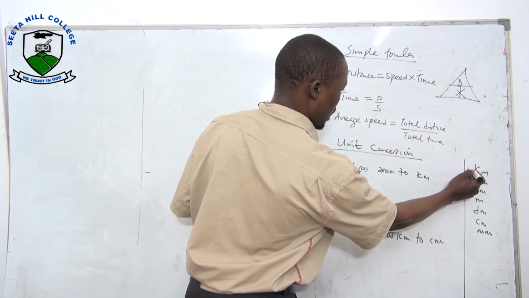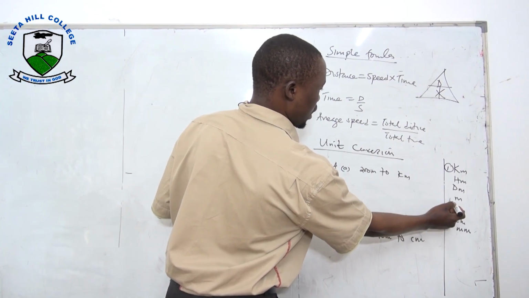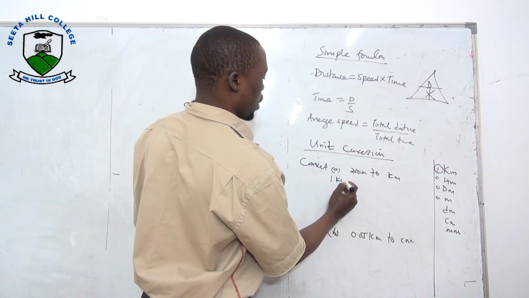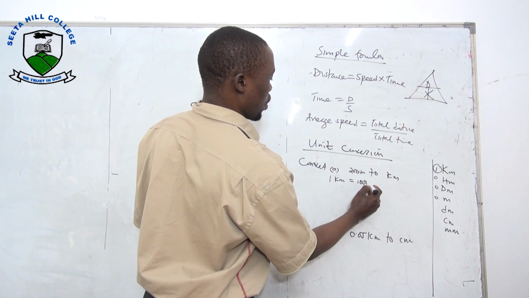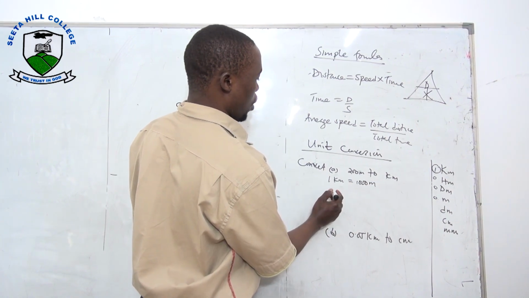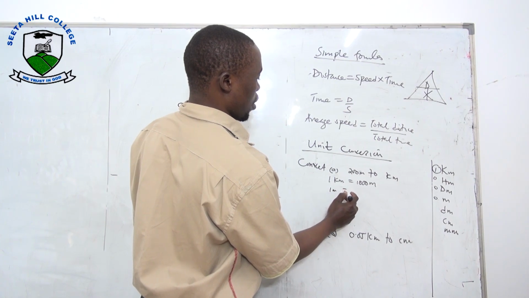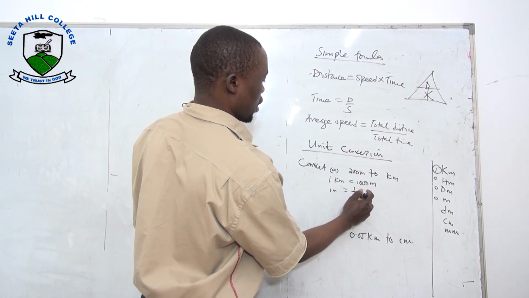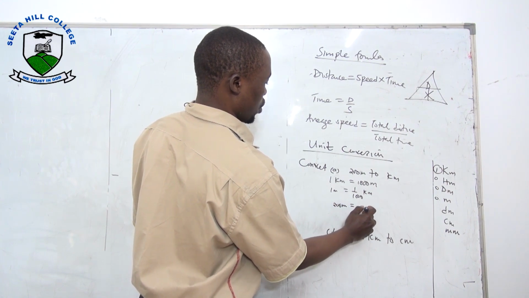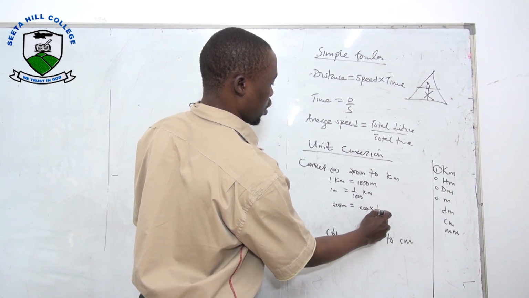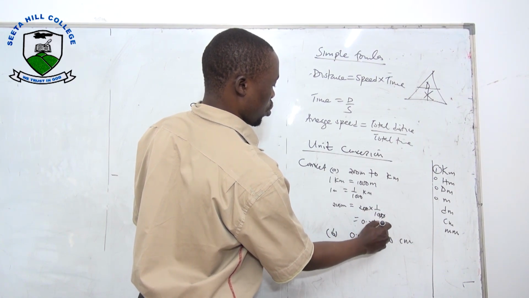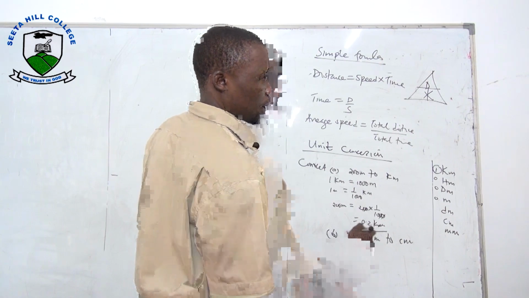A kilometer is here and a meter is there. We put zeros, 1, 2, 3. That means 1 kilometer is 1,000 meters. So 1 meter will be 1 over 1,000 kilometers. Then therefore 200 meters is 200 times that, getting you down to 0.2 kilometers. Clear?